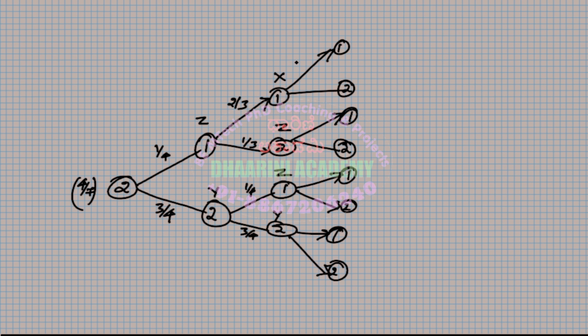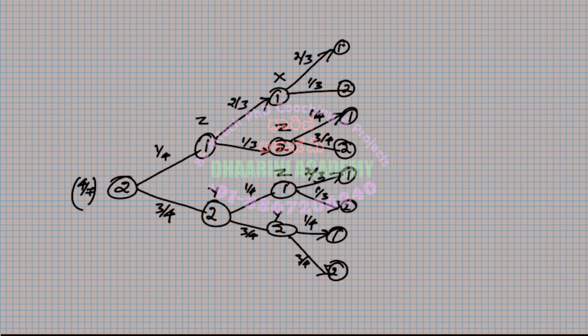So 1 to 1, you have a probability 2 by 3. 1 to 2, it is 1 by 3. 2 to 1 is 1 by 4. And 2 to 2 is 3 by 4.